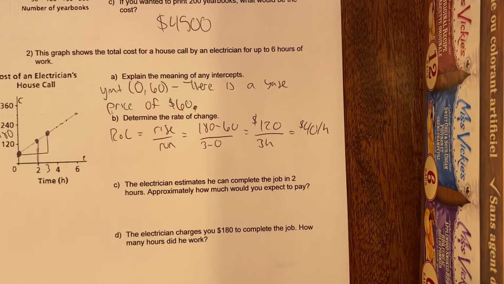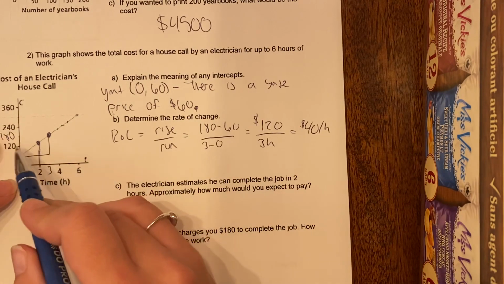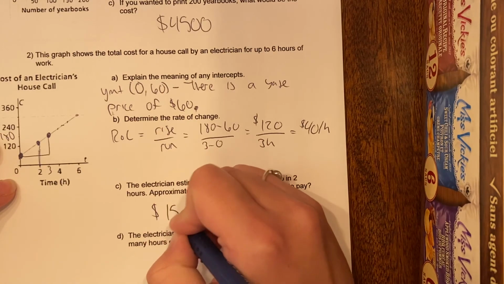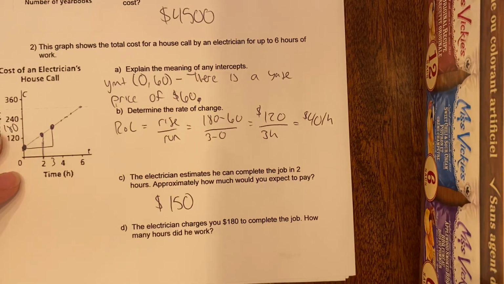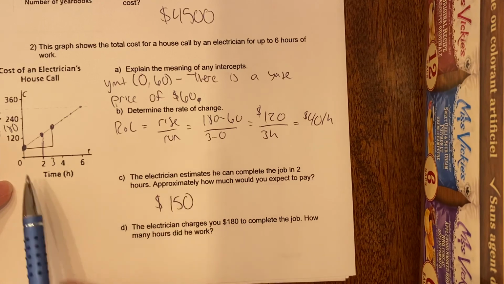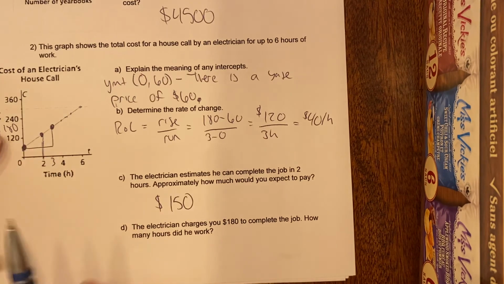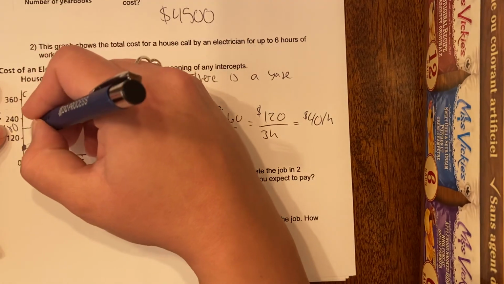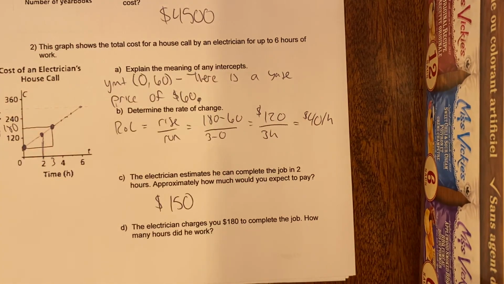Yeah, it's a little bit above 120. So let's call it about $150. I'm kind of guesstimating. It does say approximately because it's hard to read exactly off the graph. But I know it's going to be between 120 and 180 because this one over here was 180 and I'm definitely not that high. I'm going to say about 150.